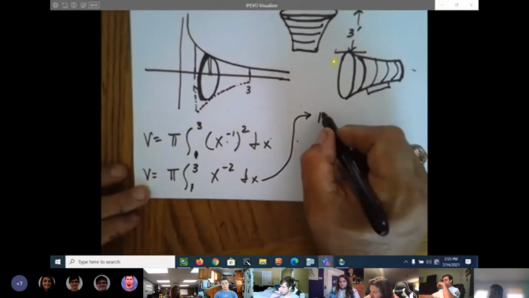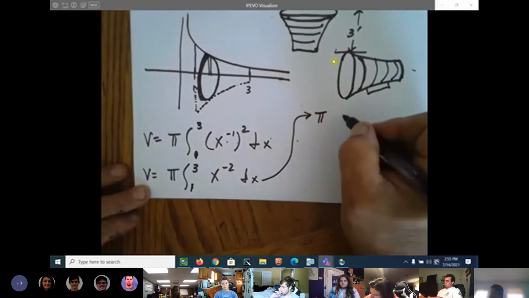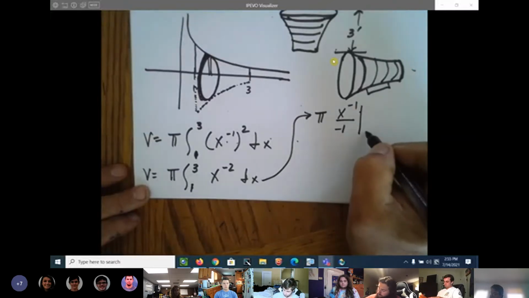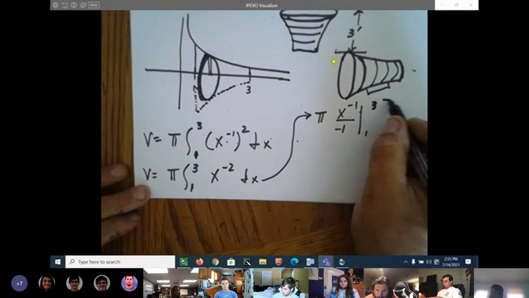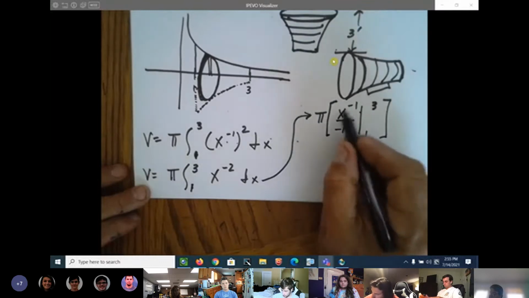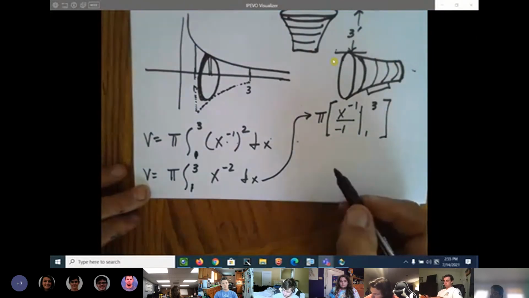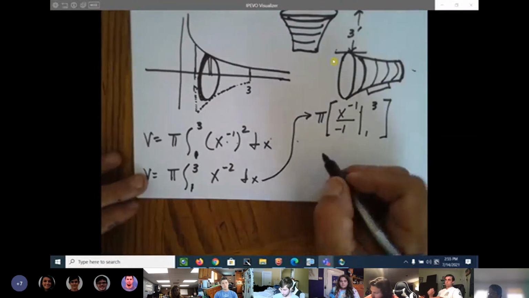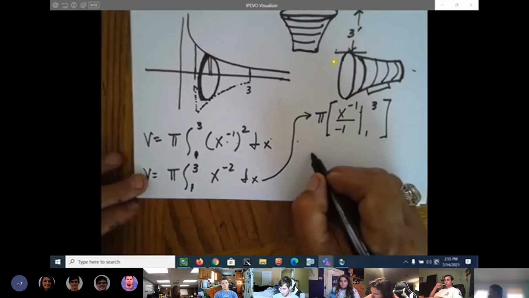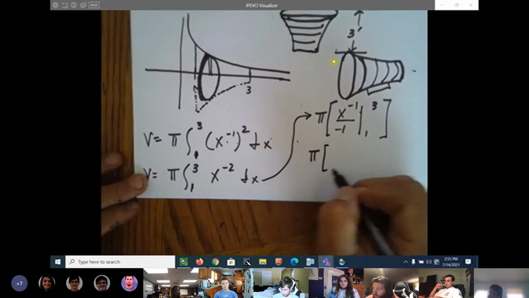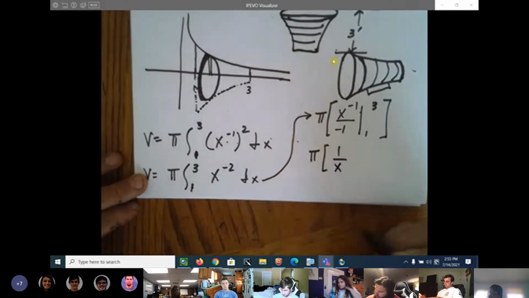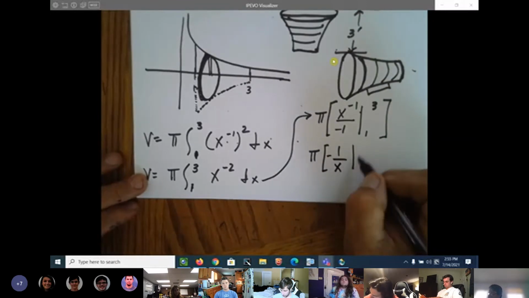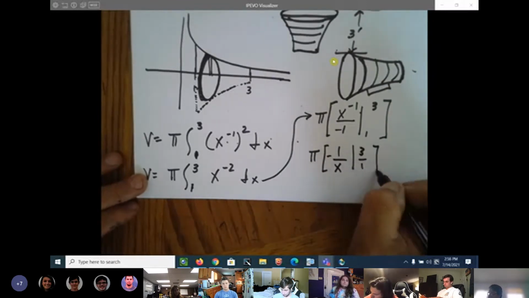So that's going to be pi, and that's going to be x to the negative 1 over negative 1 from 1 to 3. And I'm going to rewrite this. It's going to be negative 1 over x to the first, negative 1 over x. So that's going to be pi times negative 1 over x, evaluated at 3 and 1.